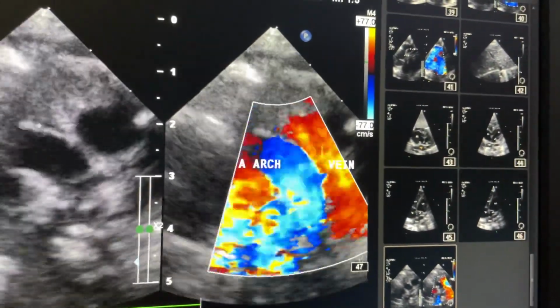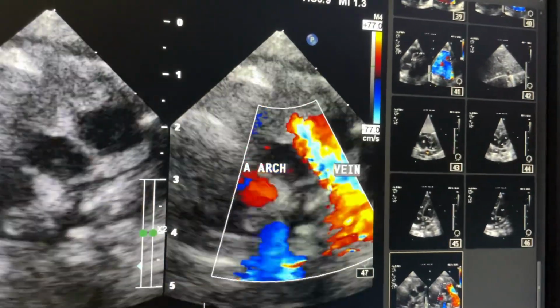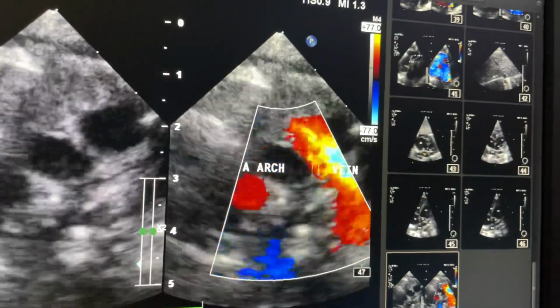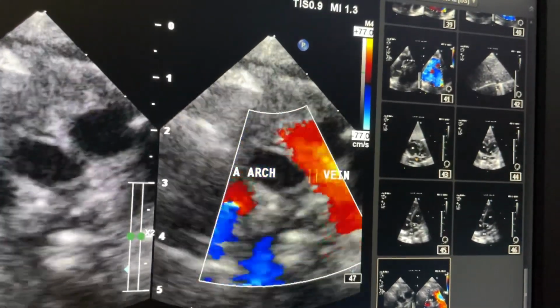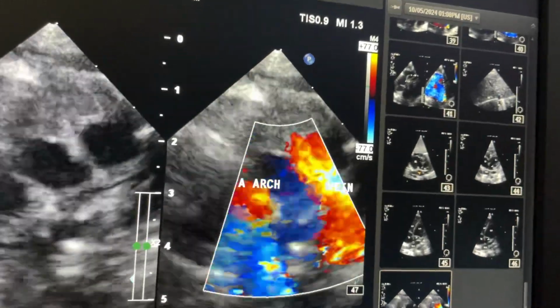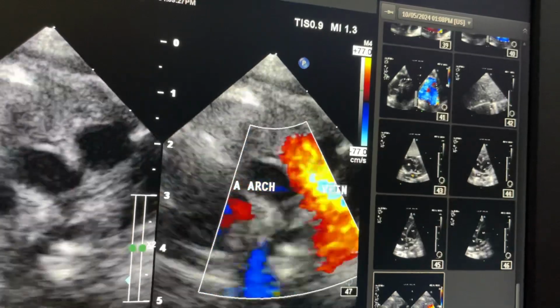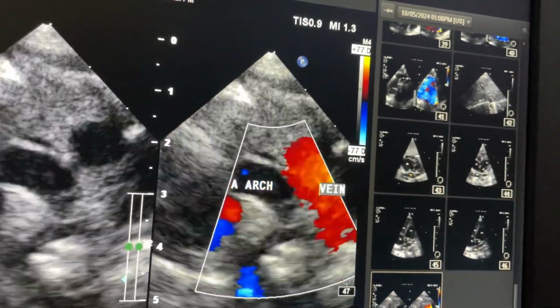If the blood flow is blue in color, it may likely be a left-sided vena cava, but in that case it will not be that much enlarged. There will not be that much flow. This much flow, a large, high flow, always indicates abnormal pulmonary venous communication.